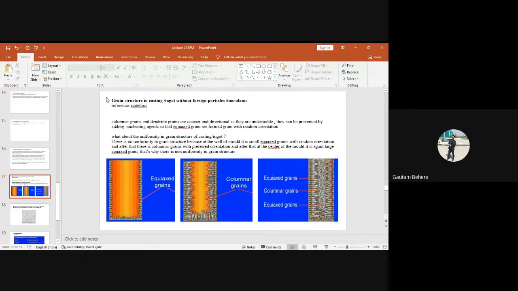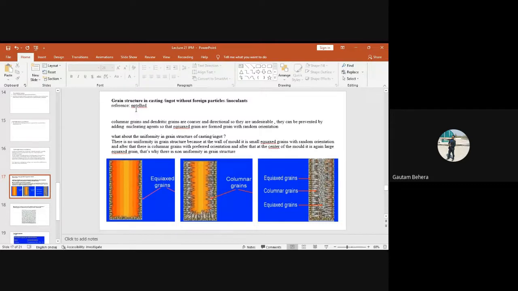Now we'll discuss the grain structure in a casting ingot, without foreign particles, inoculants. So just have an imagination. You have two molds, and the same metal. Suppose you have the same steel, or let it be cast iron.